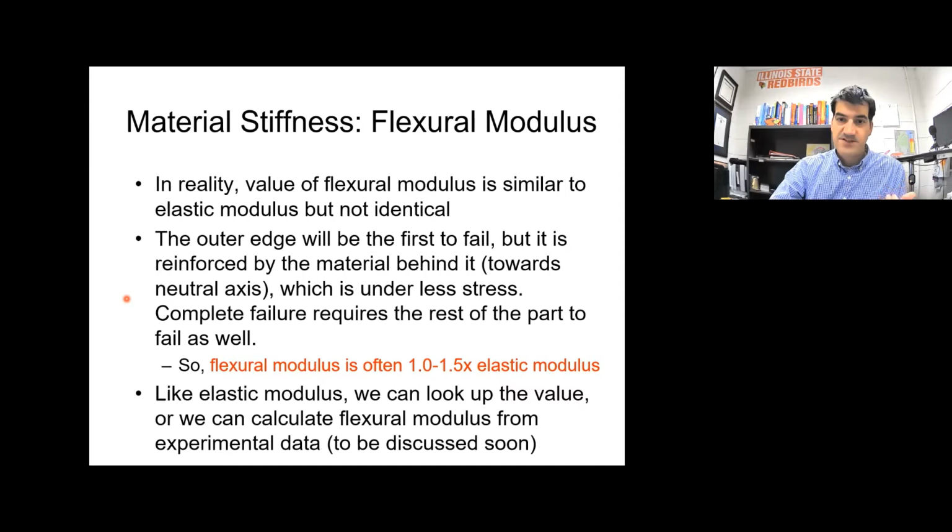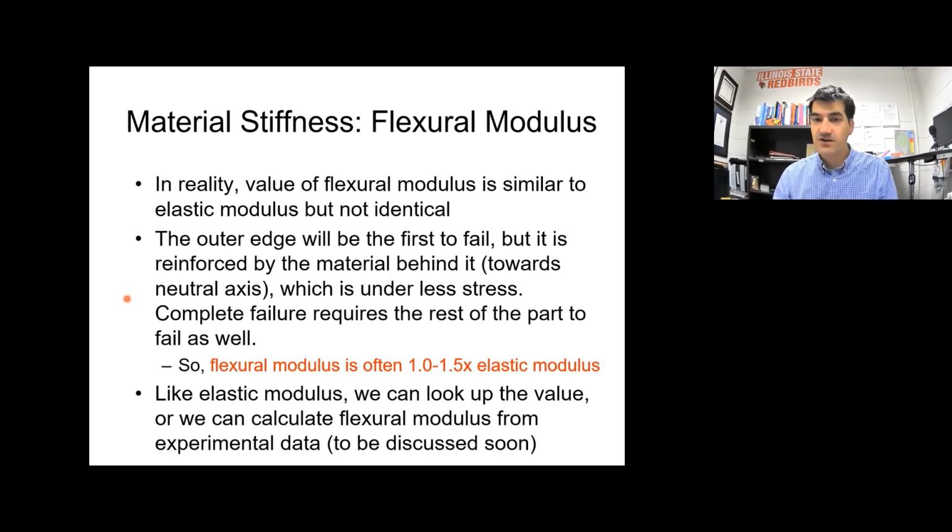So the material on the bottom edge is actually reinforced by the material above it, which has a lower stress value. And for the part to completely fail, the whole part has to fail. So usually what you find is that the flexural modulus is somewhere around 1 to 1.5 times the elastic modulus value.